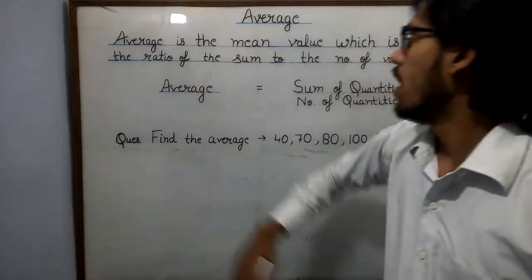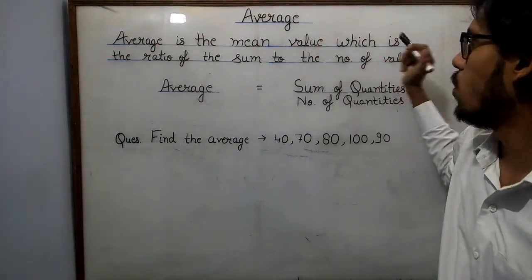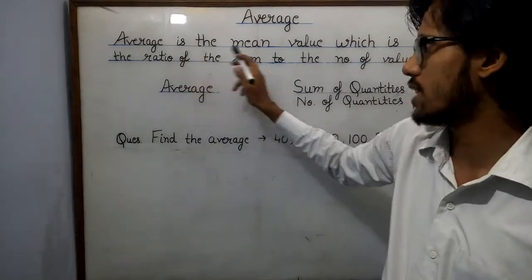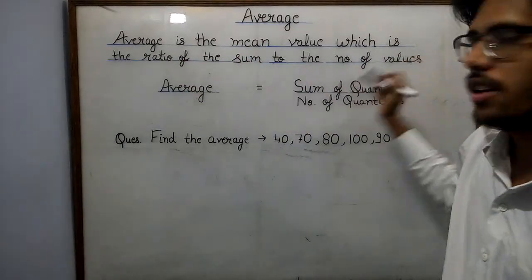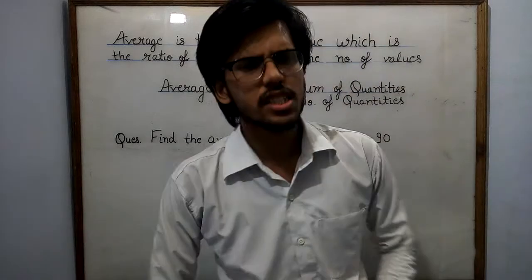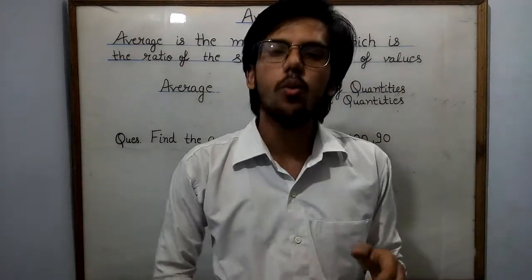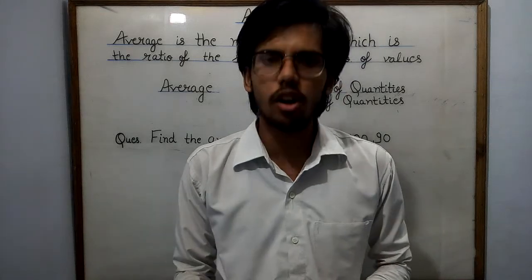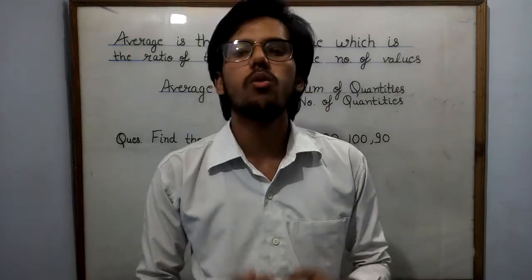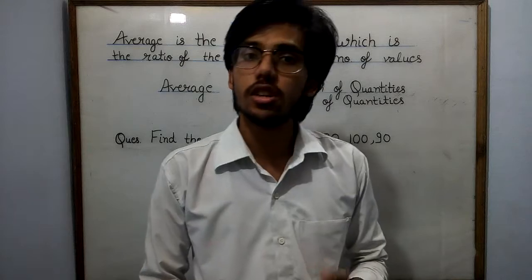See, average is the mean value, which is the ratio of the sum to the number of values. That means we can find the average by adding all the values and dividing by the number of values. So what would be the formula for the average?